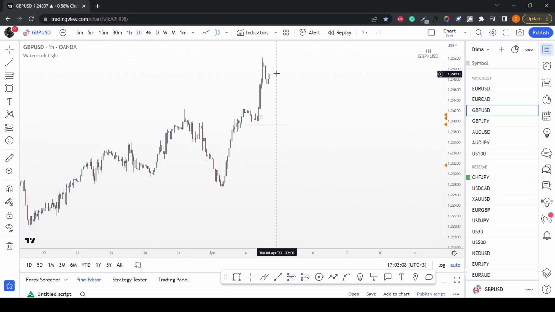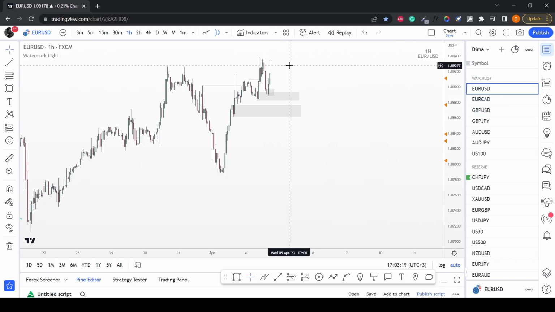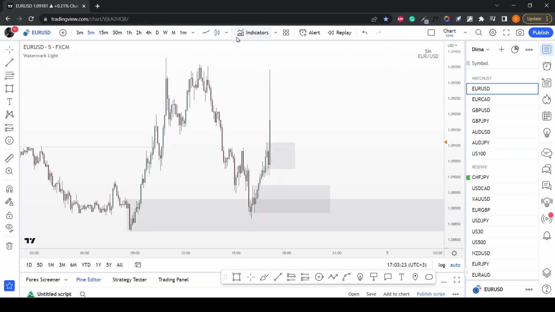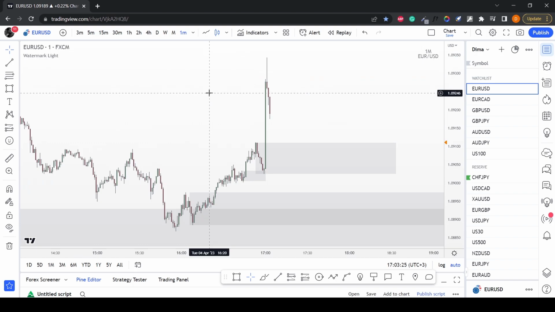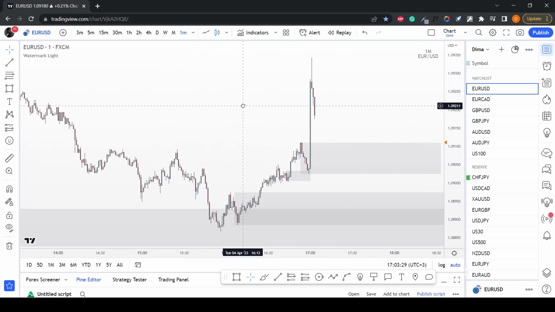Yeah, so to be honest, I don't like this reaction to the upside after the news, because usually the news are manipulative and they like to first go into a false direction, really often in my experience. Yeah, but we can consider this as a usual range, and then if the alert goes, we may consider some entries.